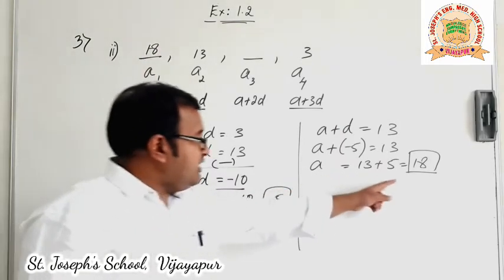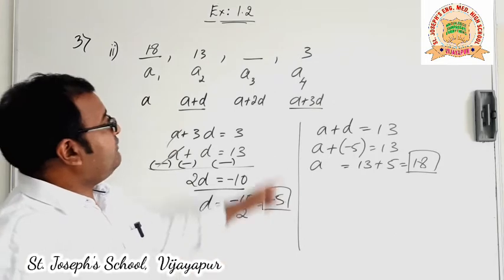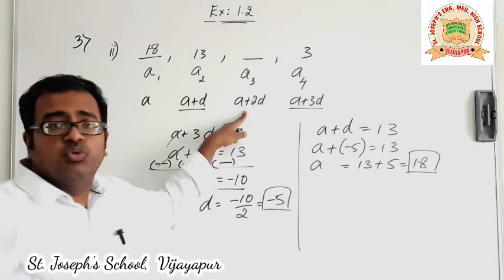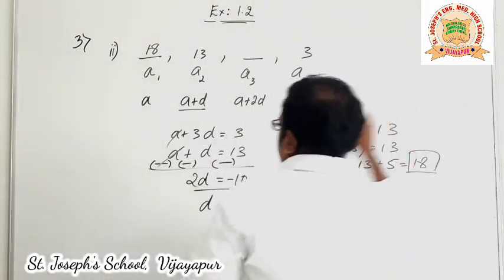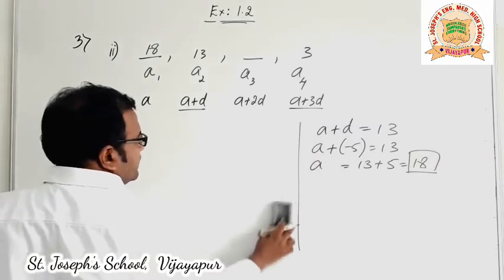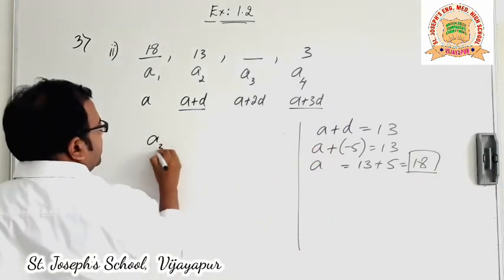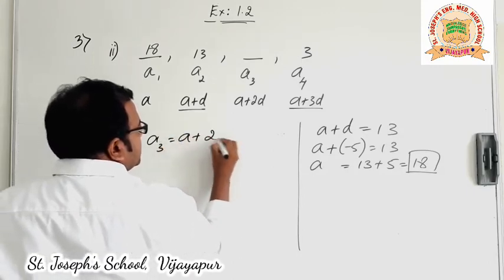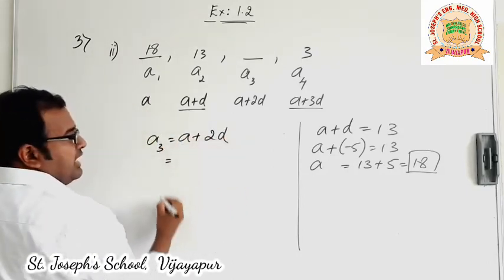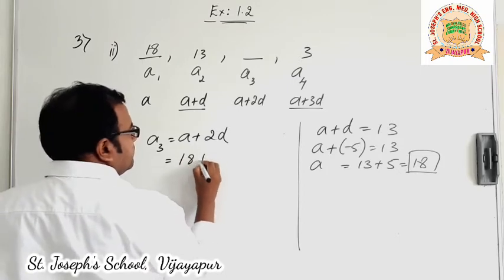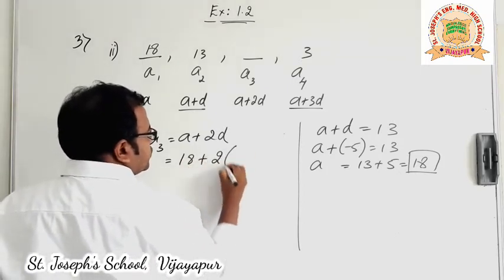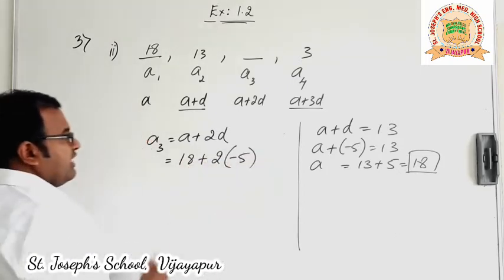Now I have the A value as well as the D value. I can find out A plus 2D. Let us find out that. One minute, let me rub this off. Okay, so what do we need? We need A3, which is equal to A plus 2D. We know the A value, which is 18, plus 2 into D, which is minus 5.